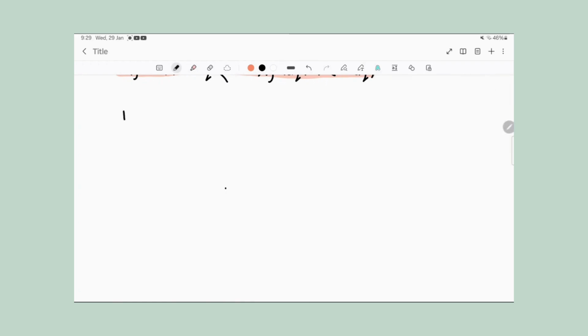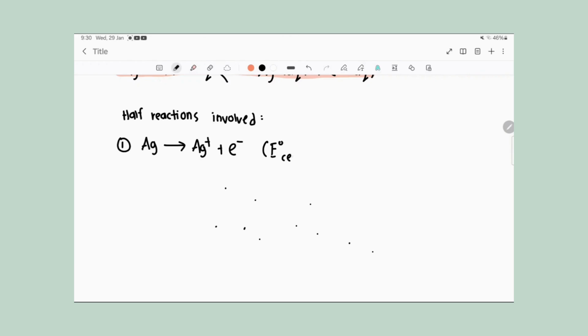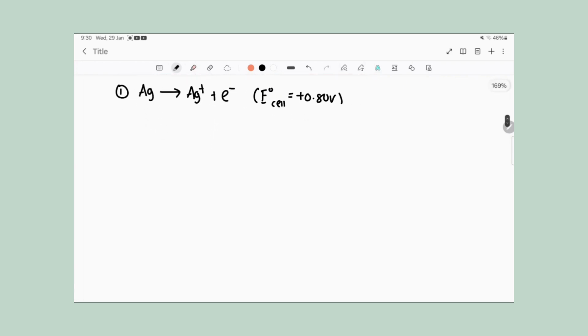Okay, firstly we write the half reactions involved from the equation. The first half reaction is Ag and the second one is Fe3 plus ion.